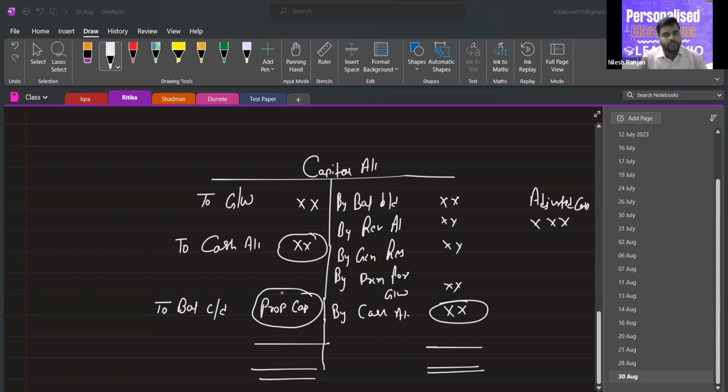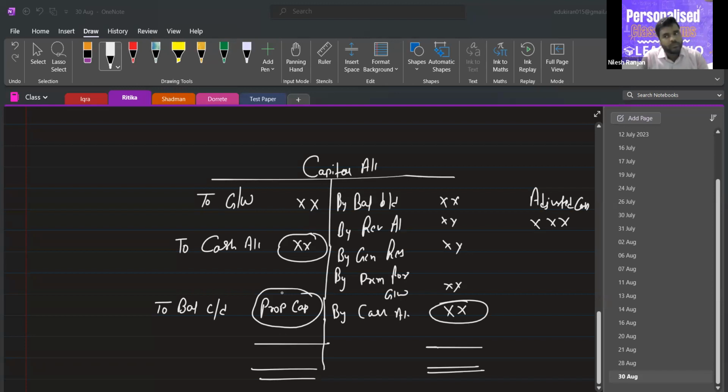After writing all the adjustment items, we will write the proportionate capital of each partner in their respective column on the debit side, and then we will calculate the balance between debit and credit side.